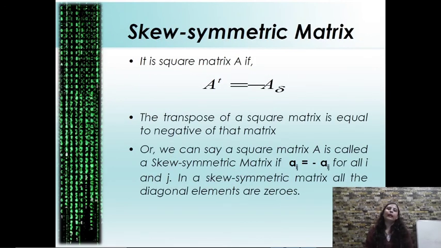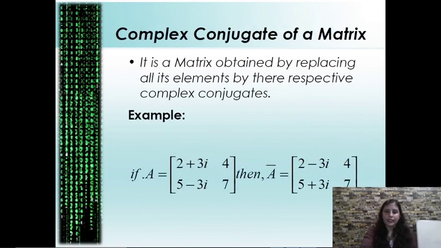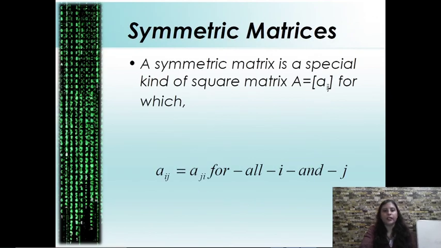Okay, now we come to the skew symmetric matrix. Just keep one thing in mind. A skew symmetric matrix has the same property as a symmetric matrix. Only one thing you have to keep in mind is that aij is equal to minus aji. As an example, over here you had aij equal to aji.